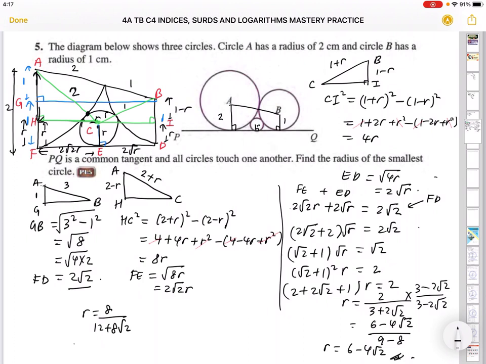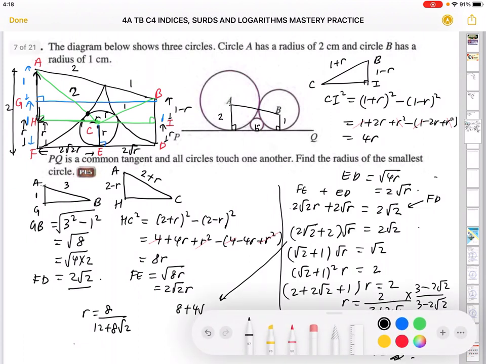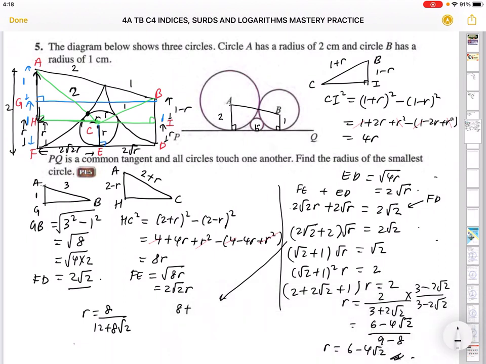Yeah, so if you don't simplify it as in the textbook, what they did was they just square from here, right? When you square, it's 8 root 2, and then they add 4, and then there is an R here. 2 root 2 squared is 8.